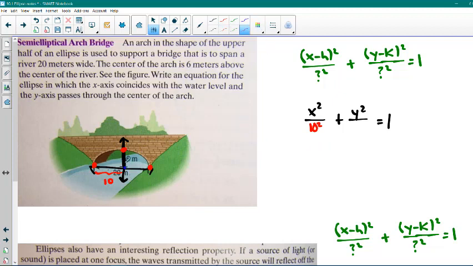I'm going 6 up from the center, and squaring that 6 will go in the denominator. So this equation is x squared divided by 100 plus y squared divided by 36 is equal to 1.